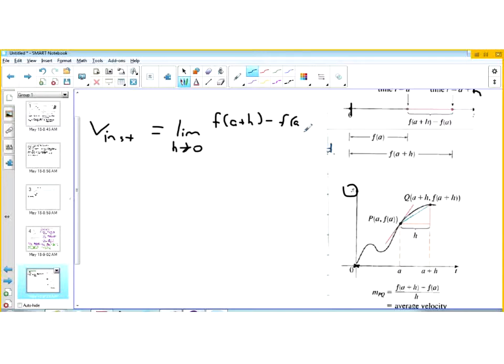Okay, so look at the formula for the average velocity. It's a difference quotient, right? You should recognize this as a difference quotient from your algebra. If we take the limit as the denominator approaches 0, we get the instantaneous velocity.